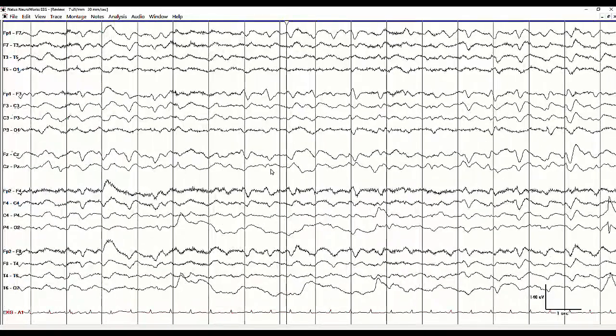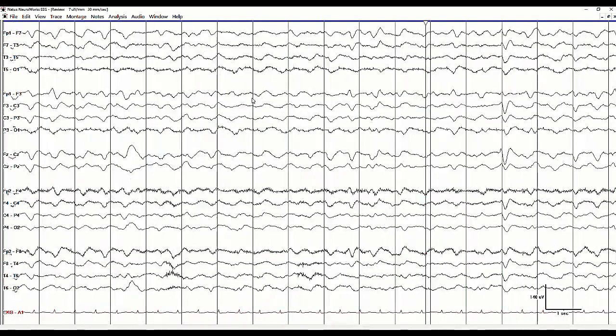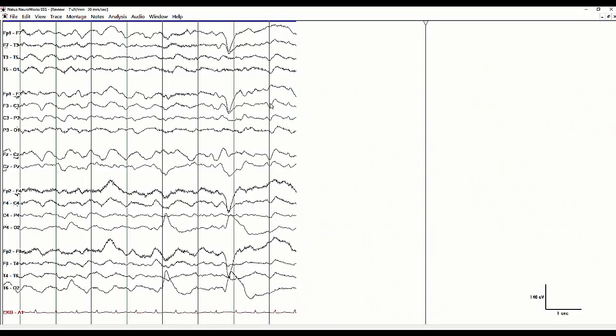We have some artifact or electrode pop, maybe from movement in O2 right there. We have some well-formed GPDs of triphasic morphology here. And then we have the end of our study.